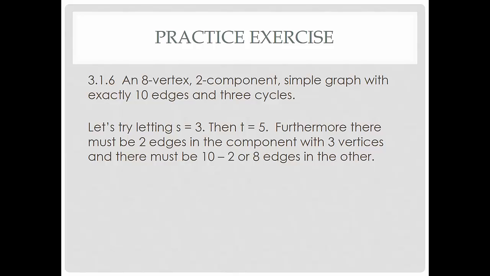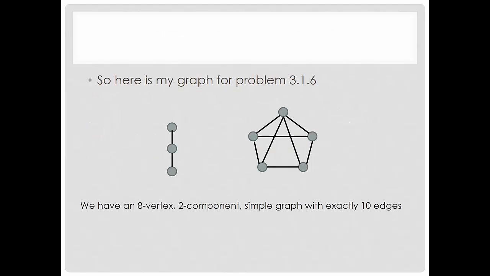Furthermore, there are just 2 edges in the component with S vertices, or 3 vertices. So there are 8 edges in the other component. 8 edges and 5 vertices. So if I try this as an example, where I've got S equal 3 and T equal 5, no cycles in the S component, then I would have to have 8 edges in the other.